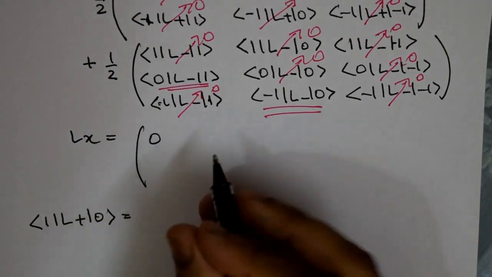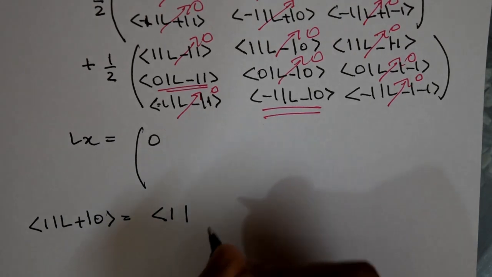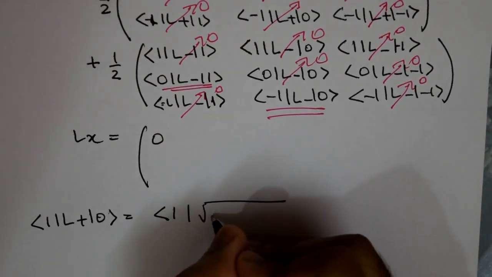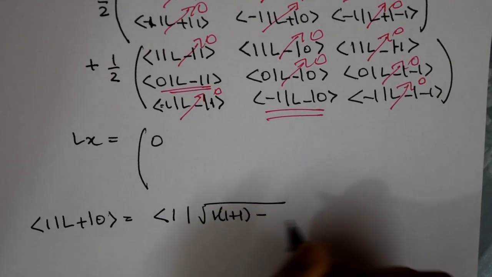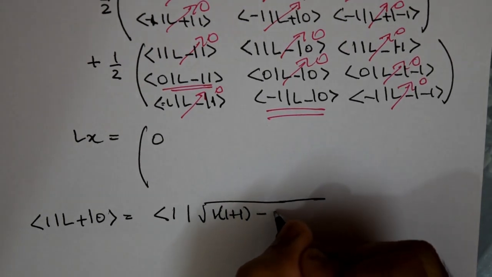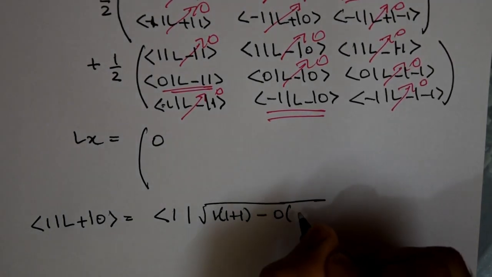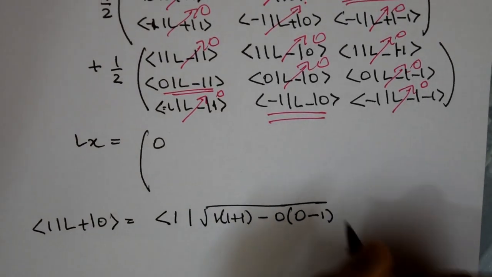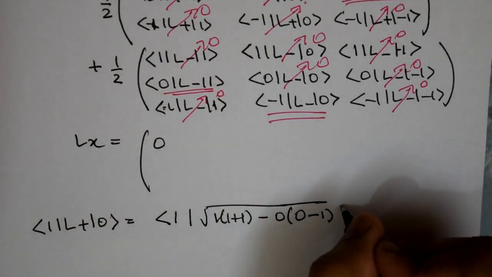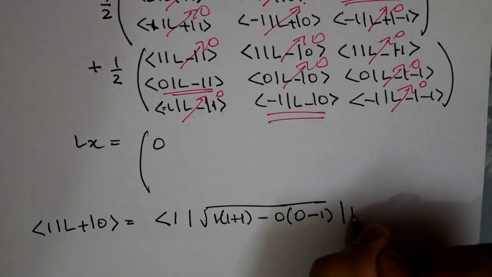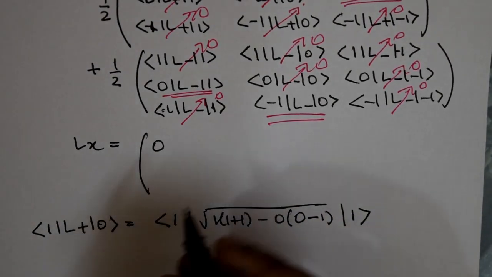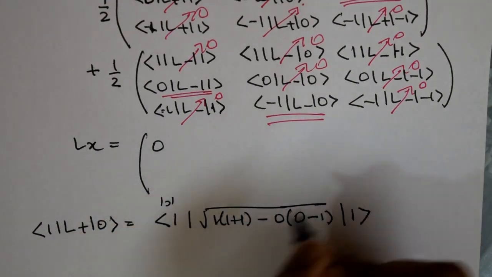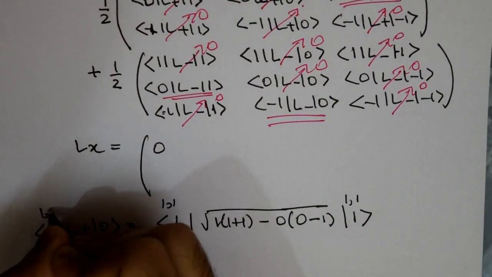This is going to be equal to 1 times square root of L into L plus 1, 1 into 1 plus 1 minus M, which is 0 times whatever, 0 minus 1, that will give you back 1, right? Actually it has to be written 1 comma 1, 1 comma 0.